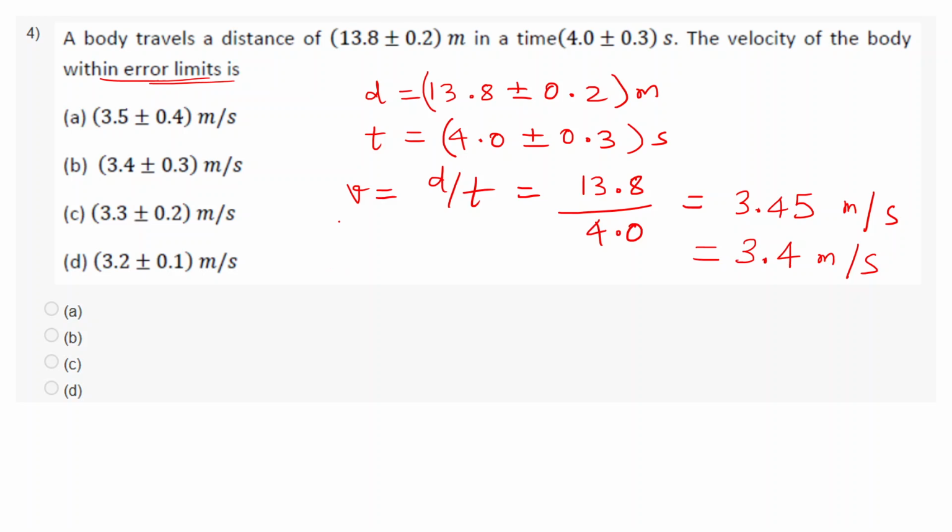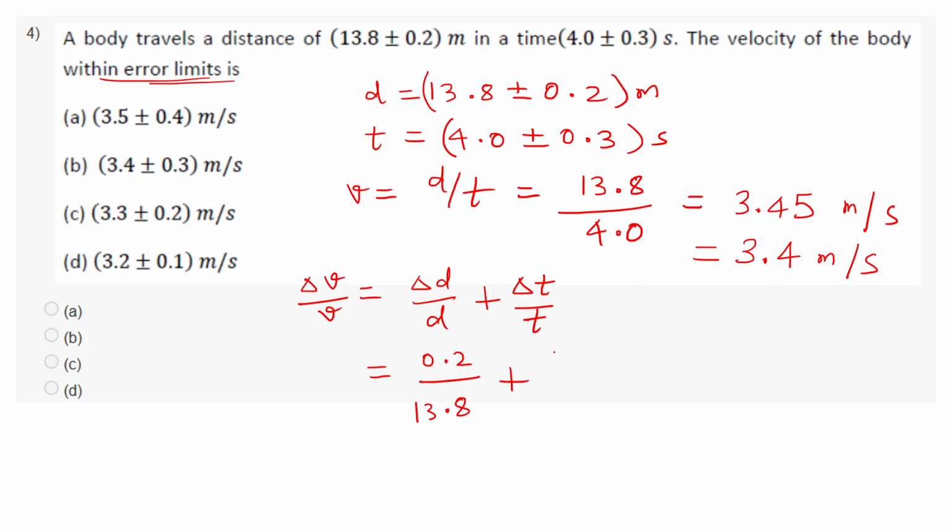Now I have to find out the error in velocity also. So the relative error will be delta d by d, the relative error in distance, plus the relative error in time. Now delta d is 0.2, d is 13.8, plus the error in time, 0.3, divided by the value of time, 4.0.